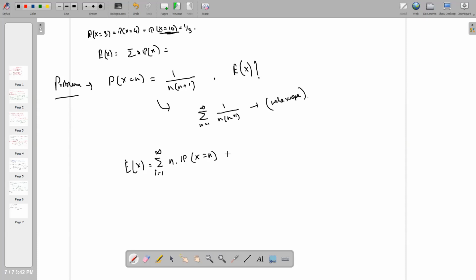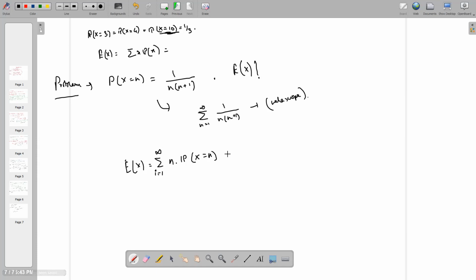No. Just think about the definition once again, how I defined the expectation. Someone told the definition of expectation, right? But using that definition, this won't work.